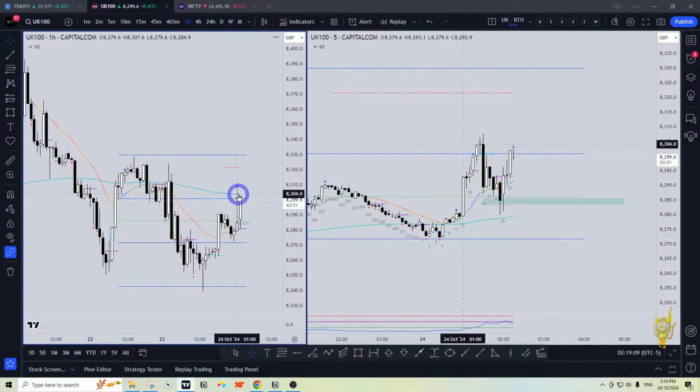I mean, this is a sell zone on FTSE. But where are all the bears?